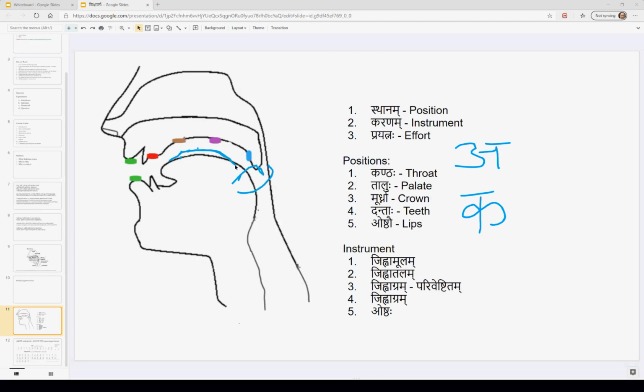Similarly, when we are saying a there is slight bit raise here, but the air comes out smoothly without touching the throat. Whereas when you say ka, it actually touches here. Ka. Though it may not be evident because it's the back of the tongue there.